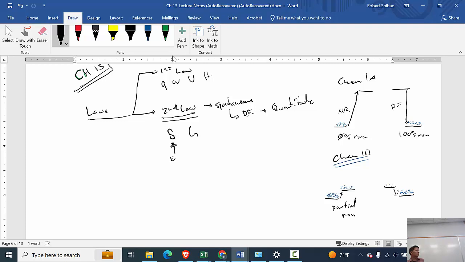S is the symbol for something called entropy. Entropy is a measure of disorder. So the higher the S, the more disorder there is. Or constraints, too. G is called the Gibbs energy.